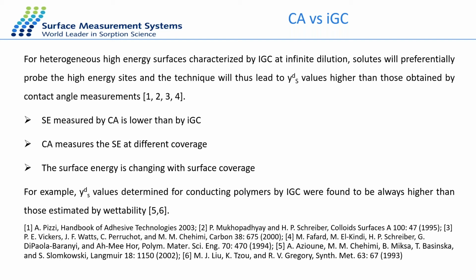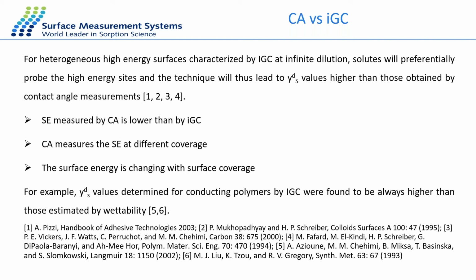It also means that contact angle measures the surface energy at a different coverage, and of course surface energy is changing with the coverage. So, for example, the dispersive surface energy values determined for conducting polymers by IGC were found to be always higher than those estimated by wettability.